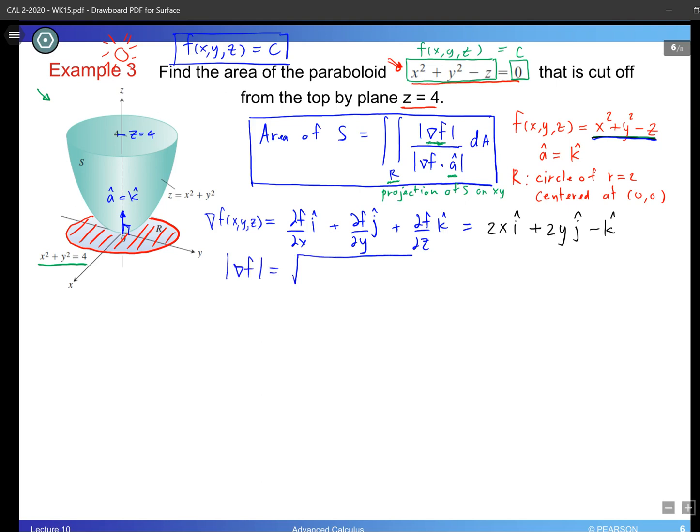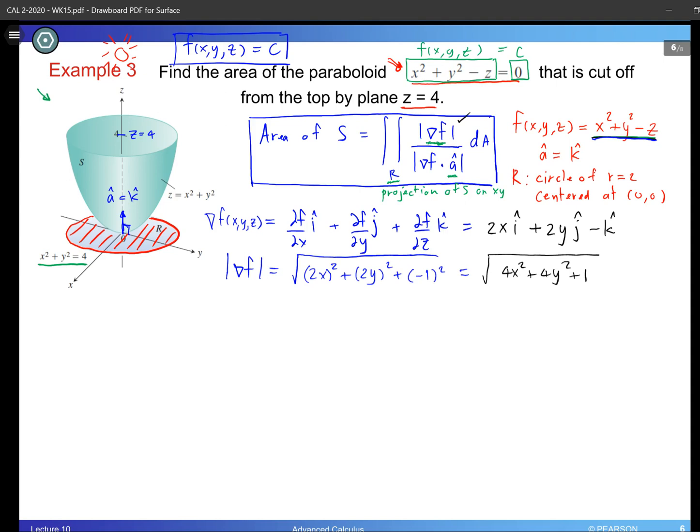Start with the first component, 2x squared, plus the second component squared, 2y squared, plus the last component squared, that is minus 1 squared. So in the end, I have the absolute value of the gradient of f equal to the square root of 4x squared plus 4y squared plus 1. Okay, that is the first component in the formula.